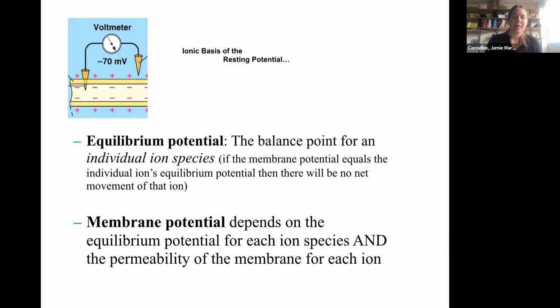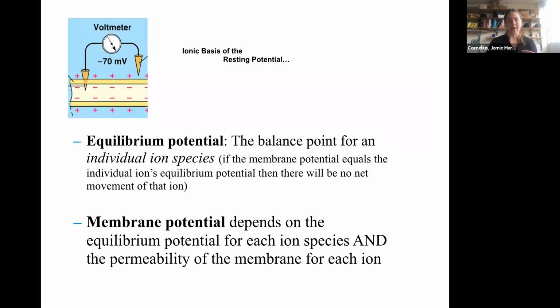Okay, so the ionic basis of the resting potential is where we're going to go to next. And so we need to talk about two types of potentials. We have the equilibrium potential, and that's the balance point for an individual ion species. So if the membrane potential equals the individual ion's equilibrium potential, that means that there will be no movement of that ion.